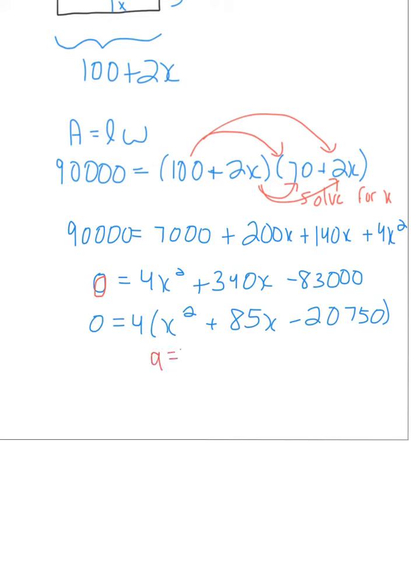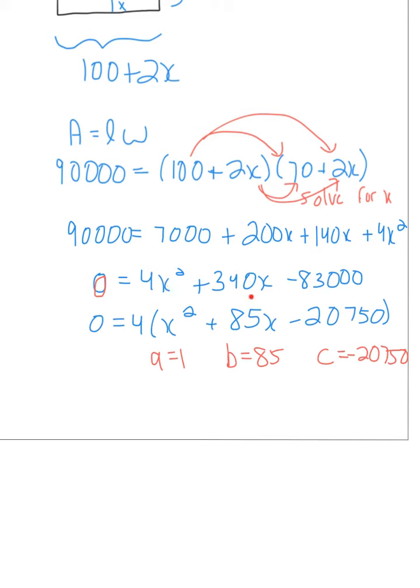Here I'm going to say A is 1, B is 85, and C is negative 20,750. So I'm going to substitute that into my quadratic formula. You could have also substituted in A is 4, B is 340, and C is negative 83,000. You would get much bigger numbers that you're working with in the formula.